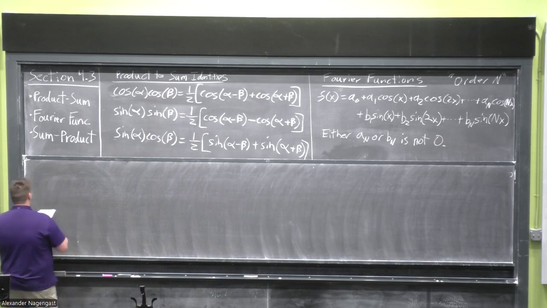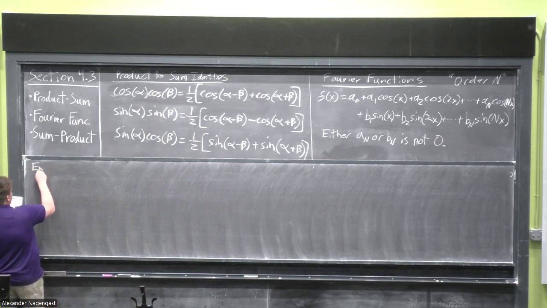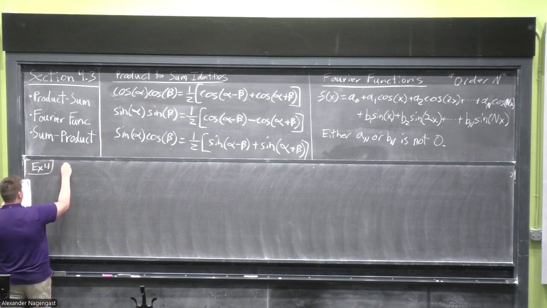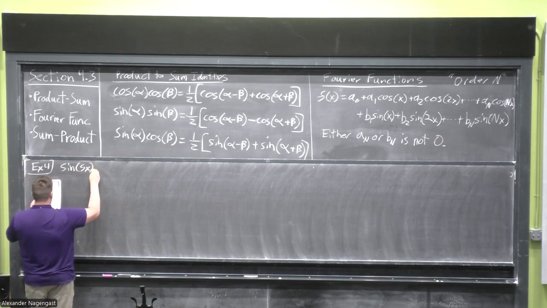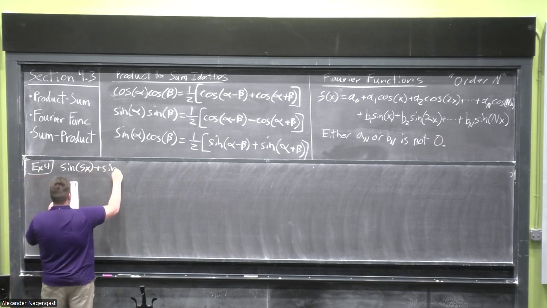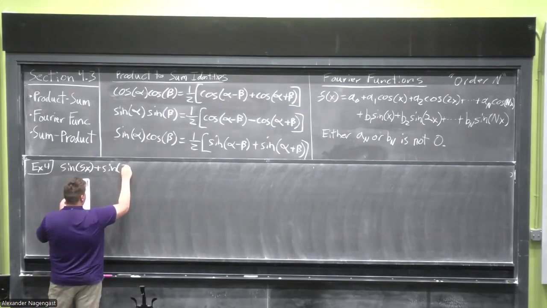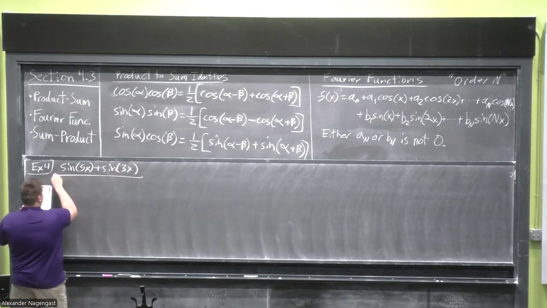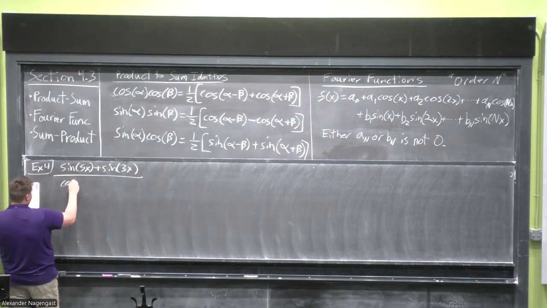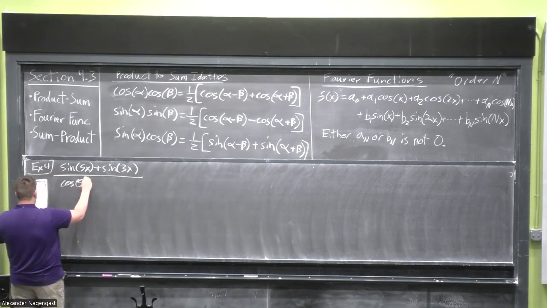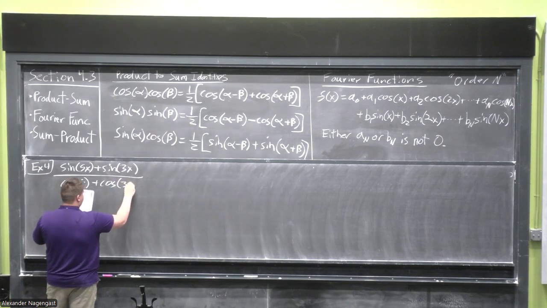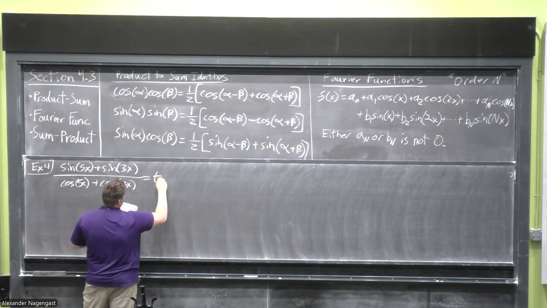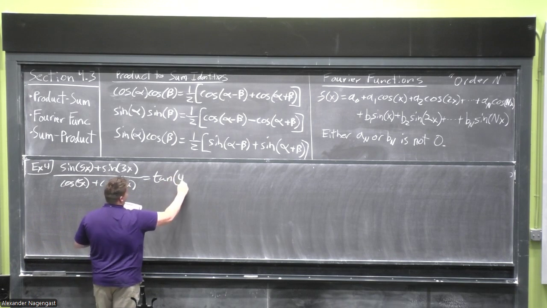So, for example 4, let's start with sine of 5x plus sine of 3x divided by cosine of 5x plus cosine of 3x is equal to tangent of 4x.